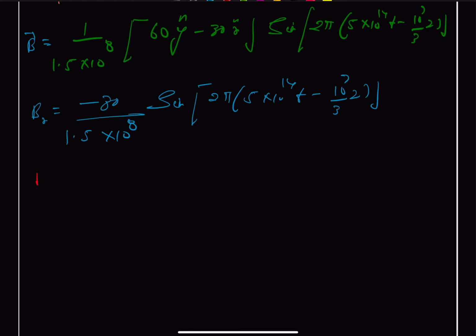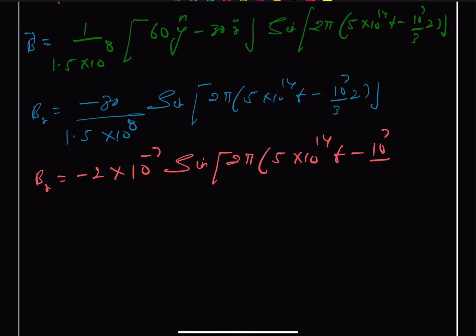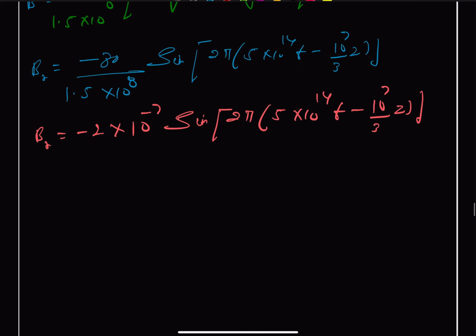And this gives us that our x component will be equal to minus of 2 into 10 to the power minus 7 sine of 2 pi (5 into 10 to the power 14 times t minus 10 raised to the power 7 divided by 3 z). Similarly, our y component B of y will be equal to 60 divided by 1.5 into 10 raised to the power 8, and this parameter will be same.